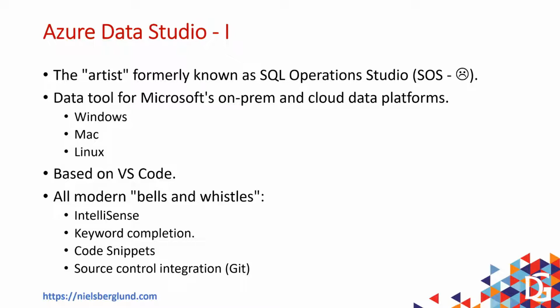ADS is based upon Visual Studio Code. Visual Studio Code is Microsoft's open source code editor for a lot of different development languages: .NET, Java, Python, R, what have you. ADS is kind of a modern tool. You have IntelliSense, as you would expect.